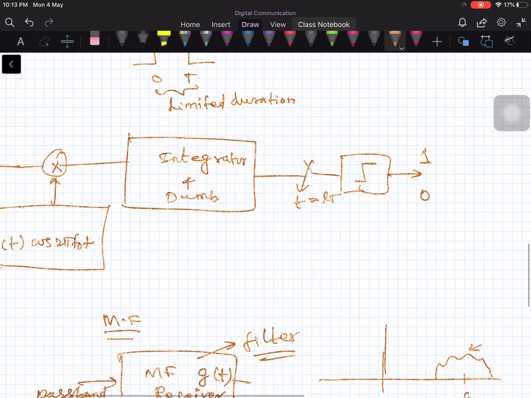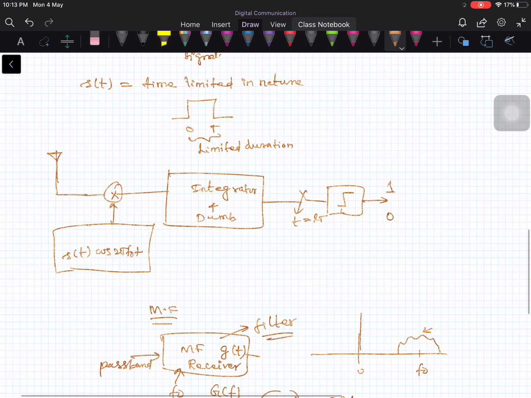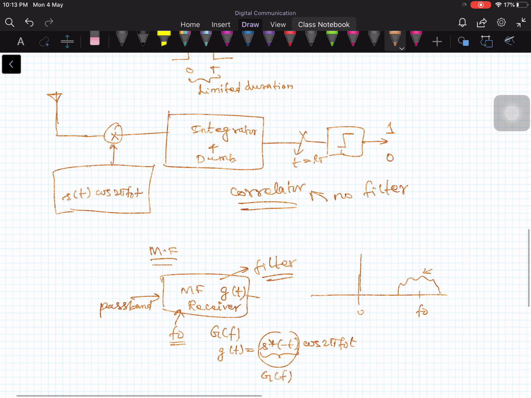In the correlator receiver, there is no filter here. But in a matched filter, there is a filter, tuned to the frequency f naught, and the pulse shape of the filter is s conjugate of minus t. Once you take the Fourier transform of this pulse, you get the transfer function. But there is no such operation in a correlator receiver.